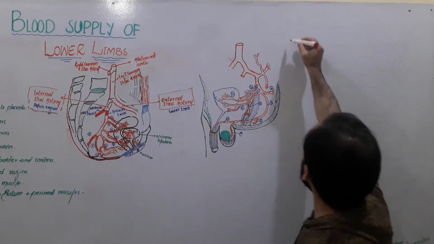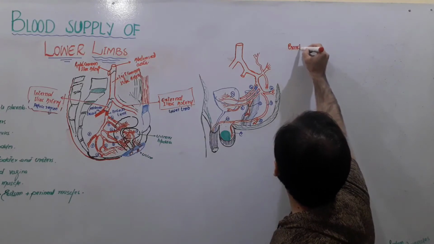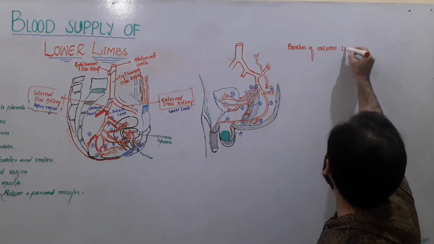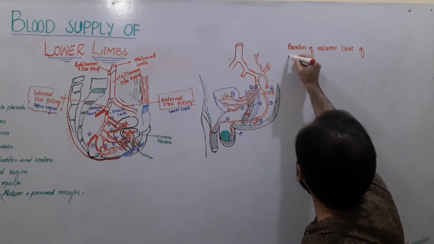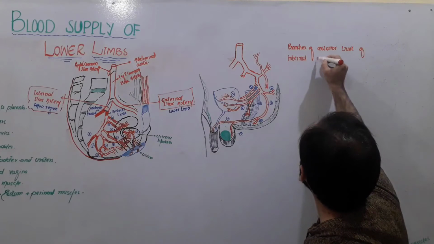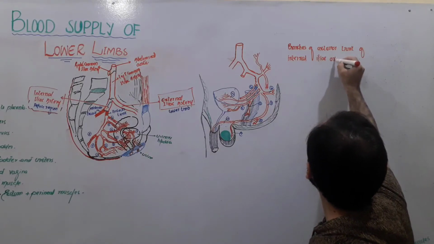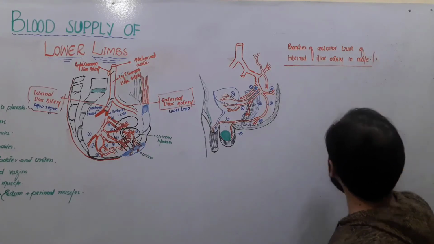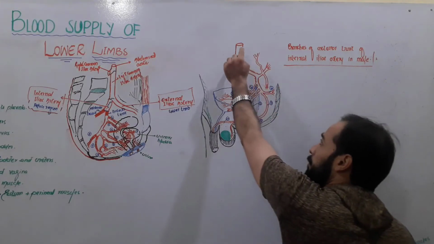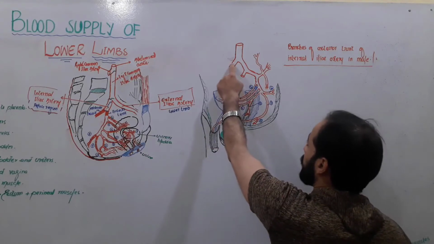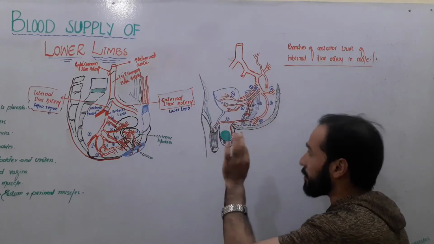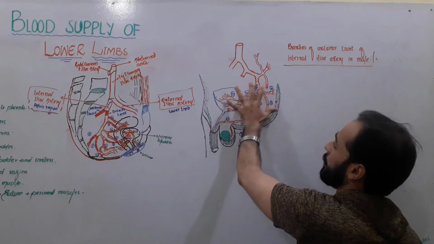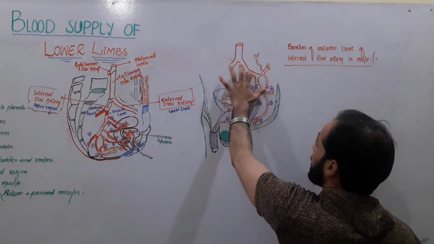Now let's discuss the branches of the anterior trunk of the internal iliac artery in the male. In the case of the female, I'm again telling you that I have discussed the abdominal aorta in a separate lecture, the right and left common iliac arteries in a separate lecture, and the internal iliac artery and external iliac artery in separate lectures, and I have recorded the branches of this internal iliac artery.